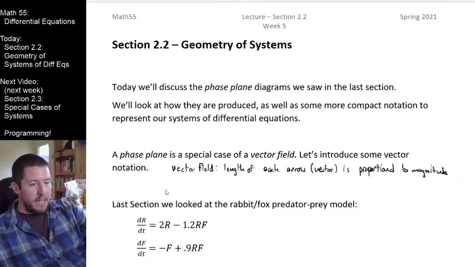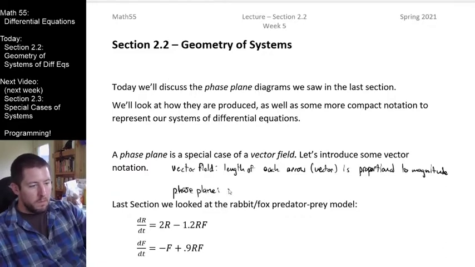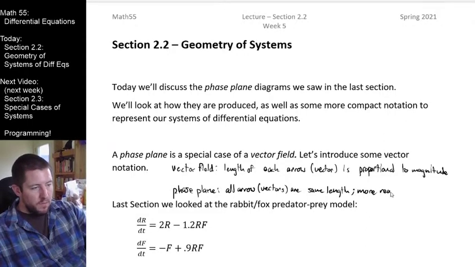So in a phase plane, all the arrows are the same length. This makes it more readable so that we don't have massive or tiny vectors out there, but there's a loss of information.